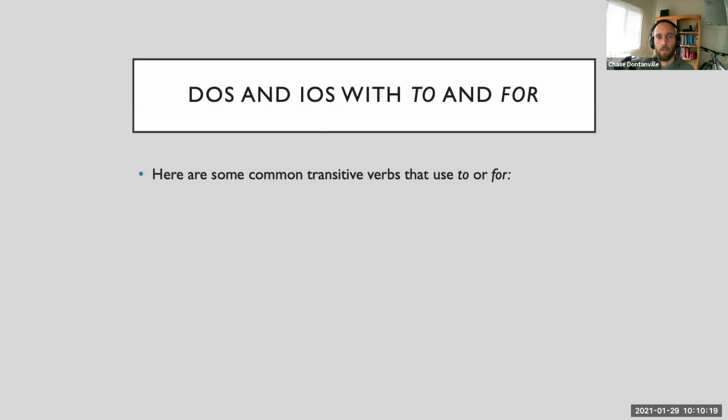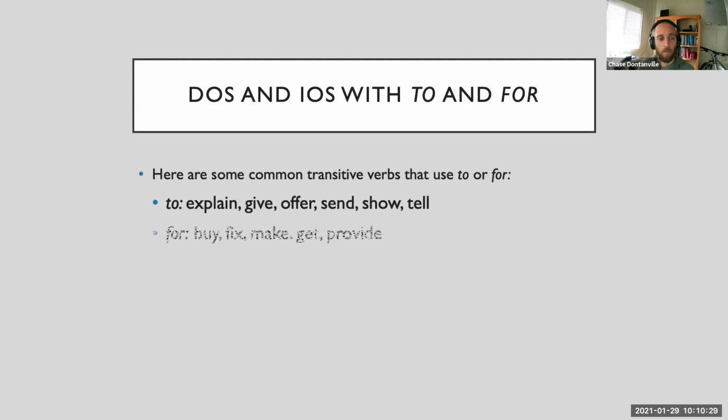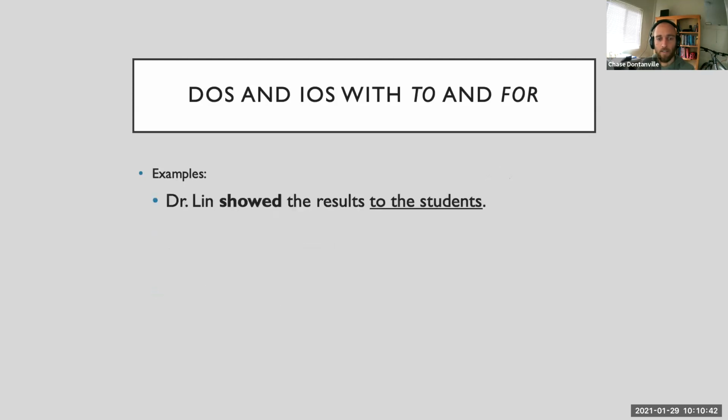And here are some common transitive verbs that use to or for. So we use to with explain, give, offer, send, show, tell. We use for with buy, fix, make, get, provide. And with verbs like bring and take, you can use either one. So for example, Dr. Lin showed the results to the students.